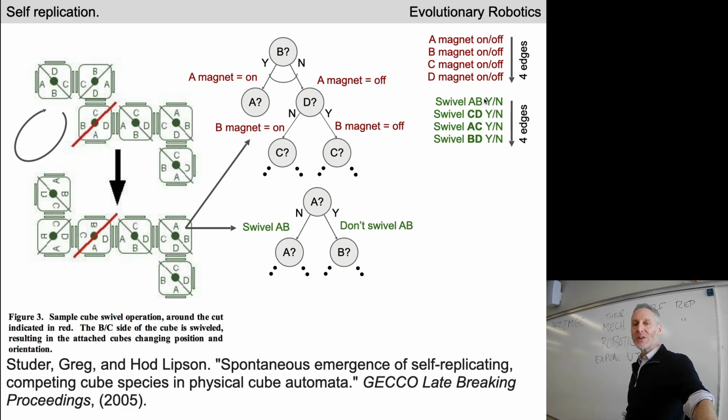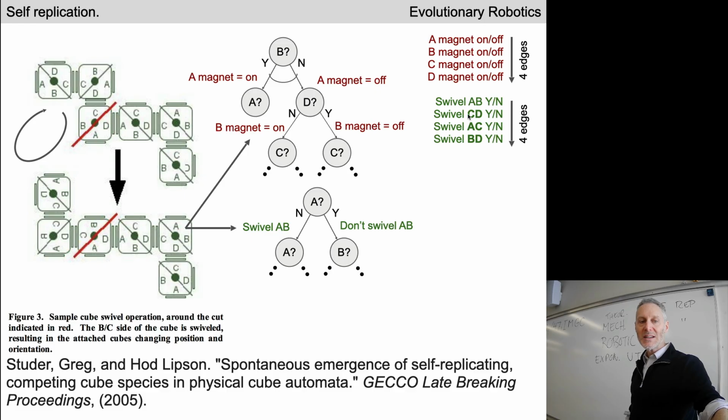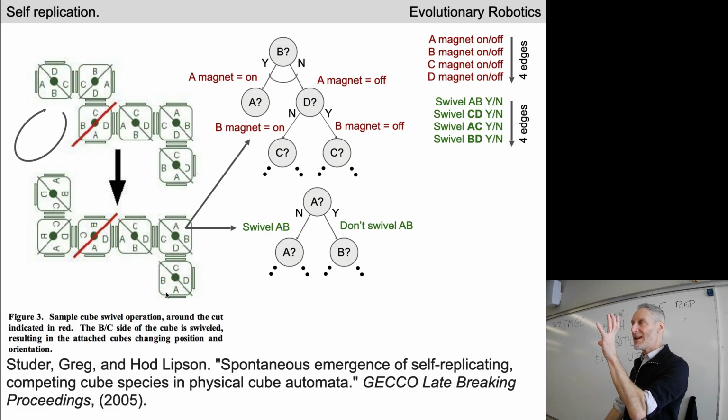Top level of this tree, we're going to determine whether to swivel AB. What does that mean? Here's AB. So swiveling AB would be AB rotates relative to CD. CD stays where it is and AB turns. Swivel CD means that AB stays still and CD rotates.